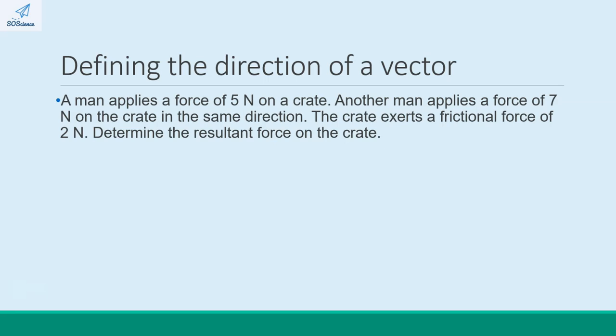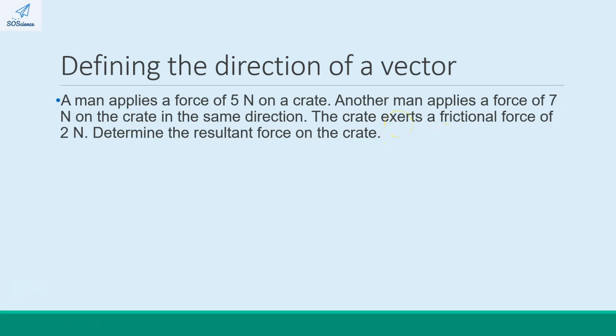Now, one thing that we need to realize is that a frictional force always opposes the direction of the motion. So if one man applies a force of 5 newtons in a particular direction and another man applies a force of 7 newtons in that same direction as the 5 Newton force, this frictional force is going to be opposite in direction.